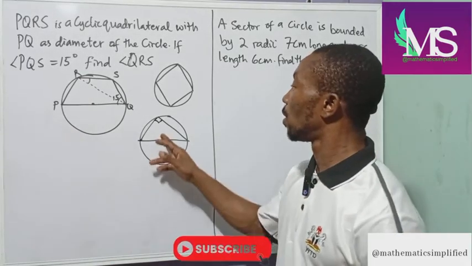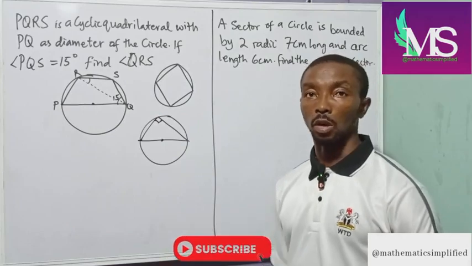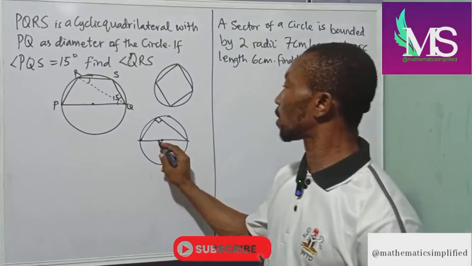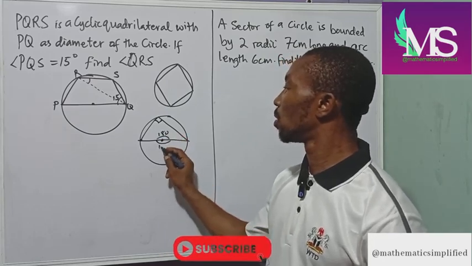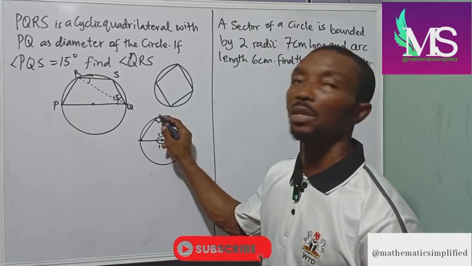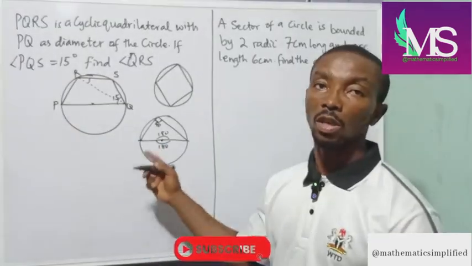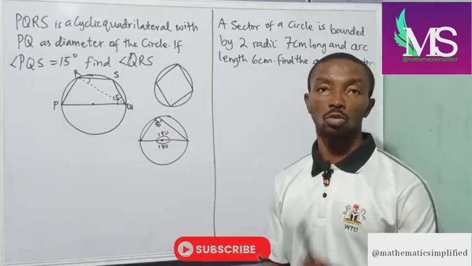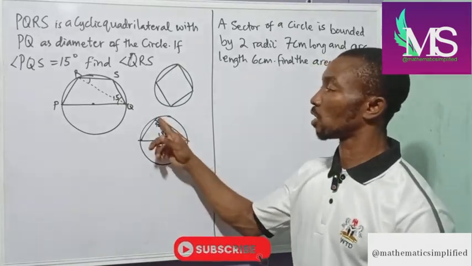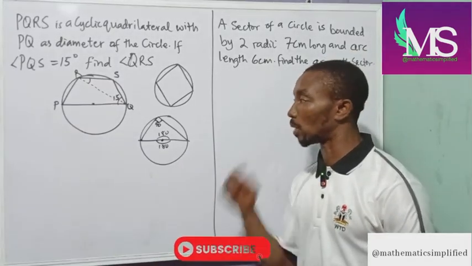We know that the angle at the center is twice the angle at the circumference. So if at the center we have 180 degrees, the angle at the circumference will be 90 degrees, since we are obeying the law that angle at center is 2 times angle at circumference.